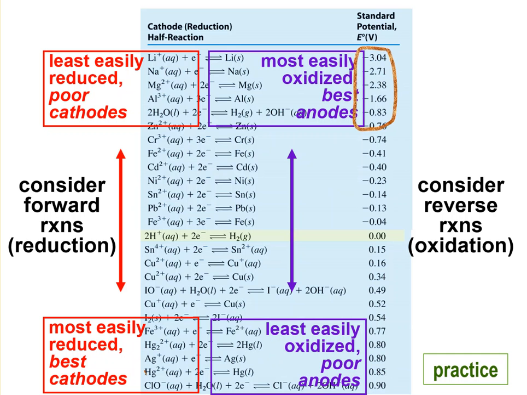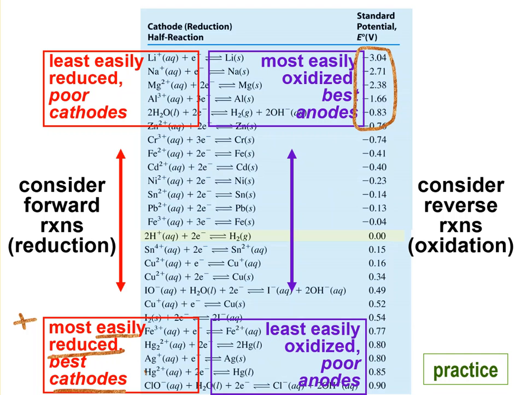So the reactions in the forward direction are most favorable down here. That's why I say they're most easily reduced. They have these positive numbers. Reduction is what occurs at a cathode. So these at the bottom are better cathodes. They have more favorable positive reduction potentials.